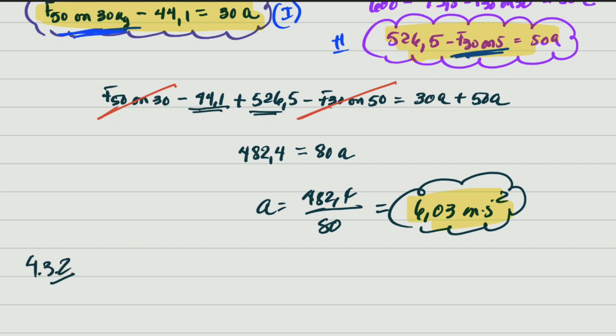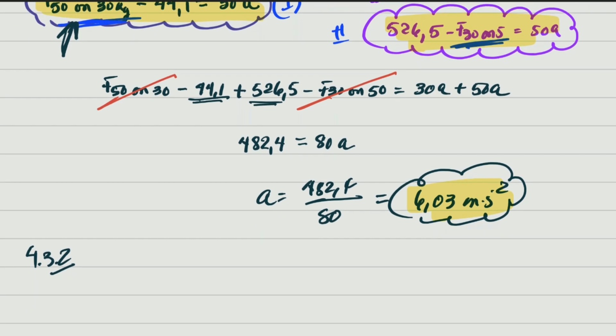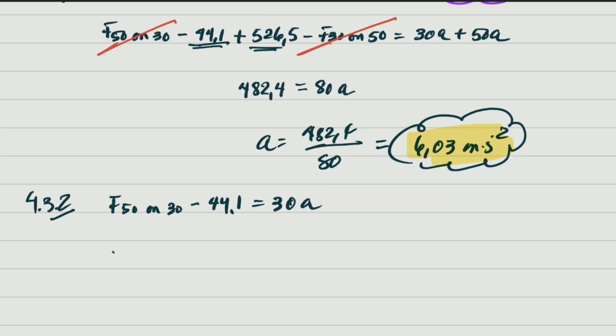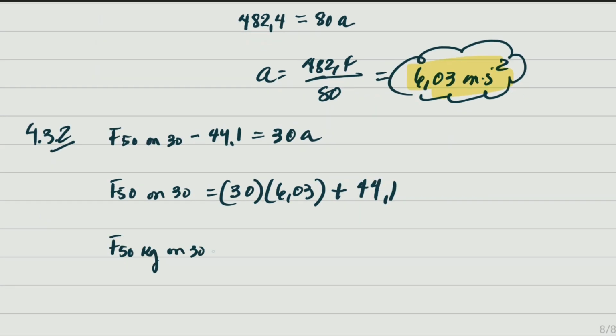In this case we're going to use the first one because it's the one they ask you for, the force of 50 on 30, which is equation 1. So we write that equation here and we substitute. The answer is 225 Newton, and that is the end of this other question.